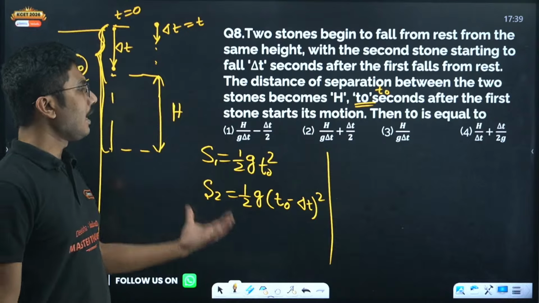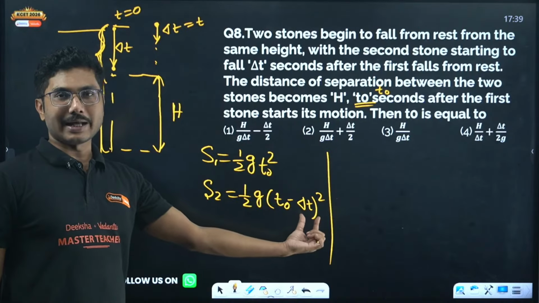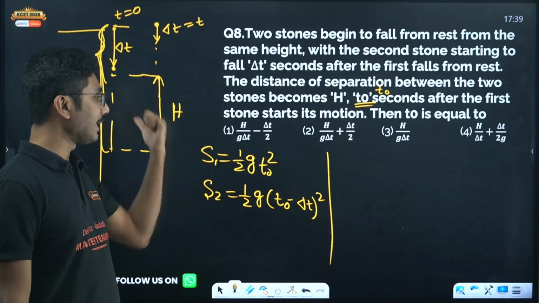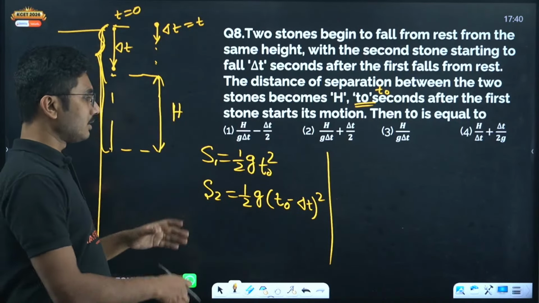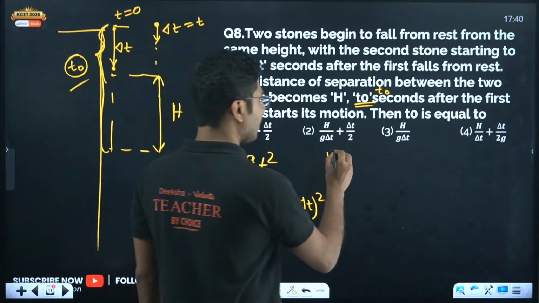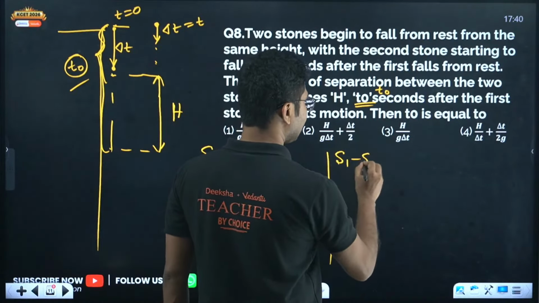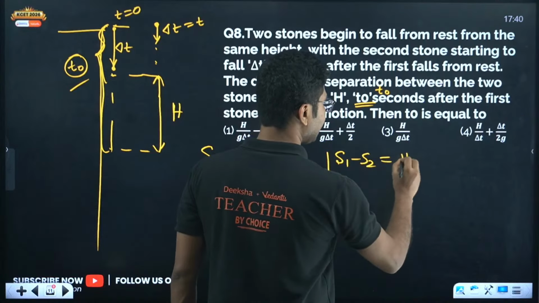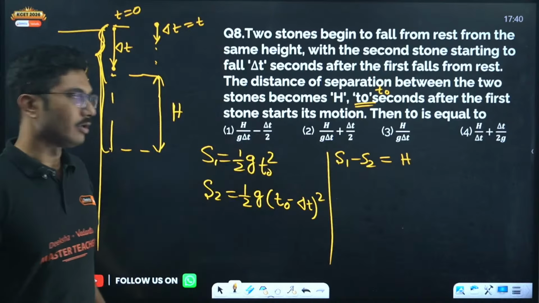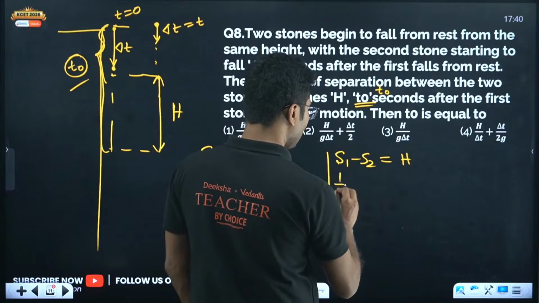Basically, the second stone starting at a time delta t after the first stone means the time taken by the second stone to fall will be t minus delta t. Now the difference between their positions, S1 minus S2, is given in the question as capital H. Now you have to simplify this and find t naught. Half g is common.